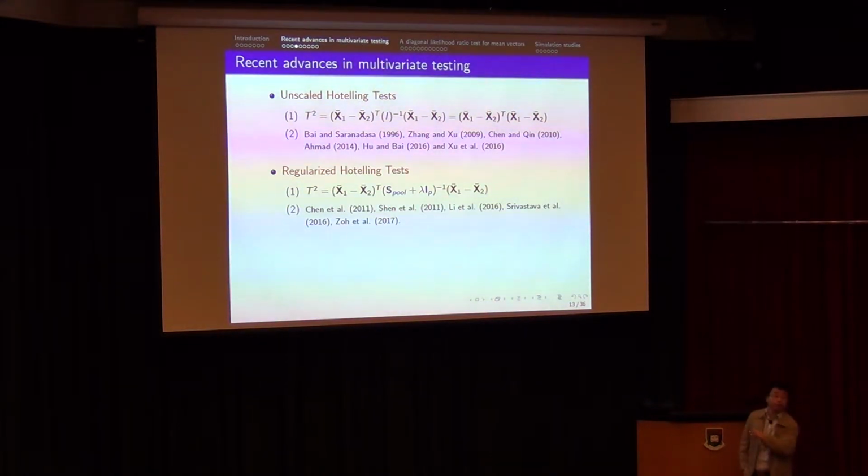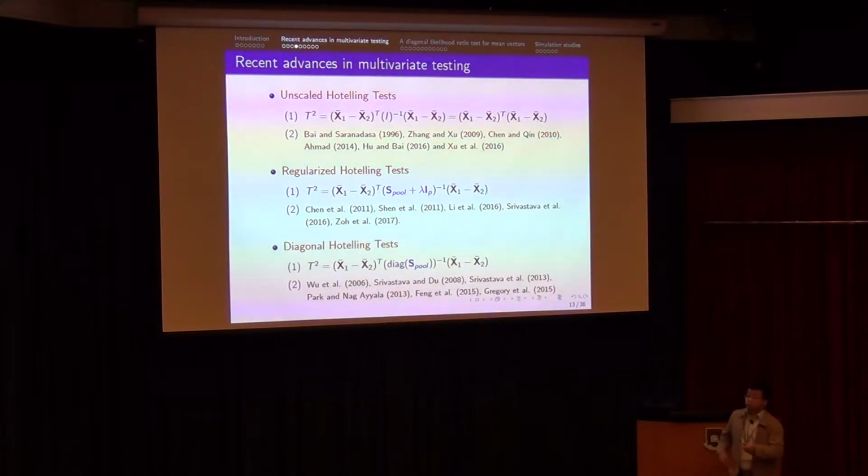So these are again different ways. When we tried to summarize the literature at that time, we also found a third approach, a compromise between the first one and the second one.